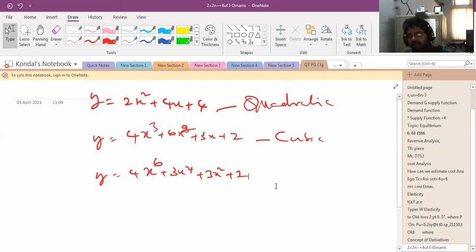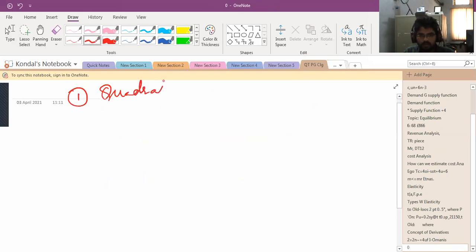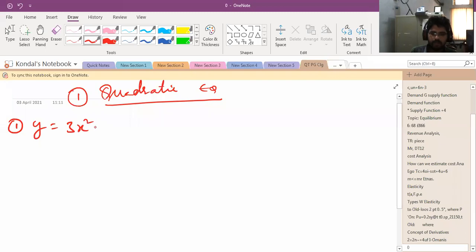On the basis of this equation, we need to follow certain formulas, and we will do some derivatives. First we can go through the quadratic equation. For example, y is equal to 3x square plus 11x plus 10.